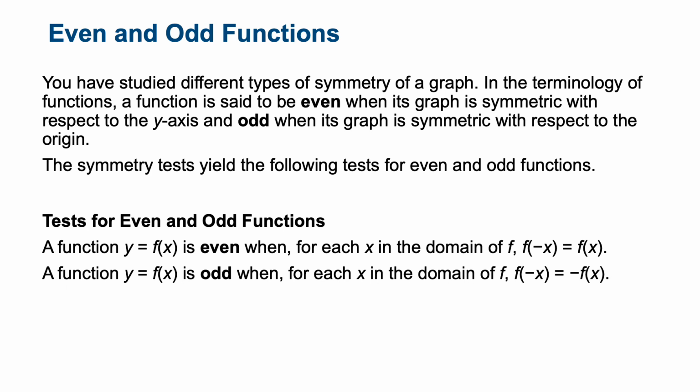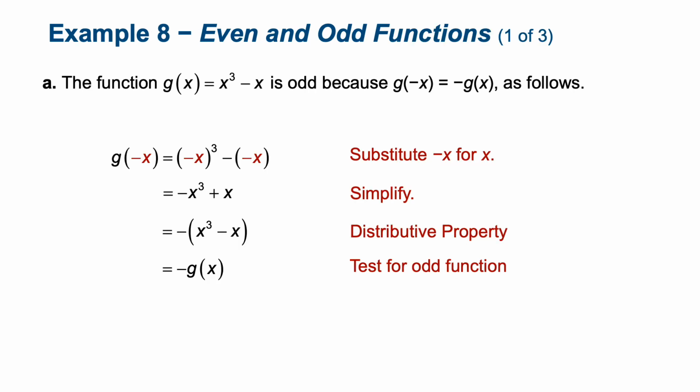So let's go ahead and look at an example. Let's take the function g of x equals x cubed minus x. If I plug in a negative x instead of x, g of negative x would be negative x cubed minus, in parentheses, negative x. Remember, negative x times negative x times negative x is negative x cubed, so that gives negative x cubed plus x.